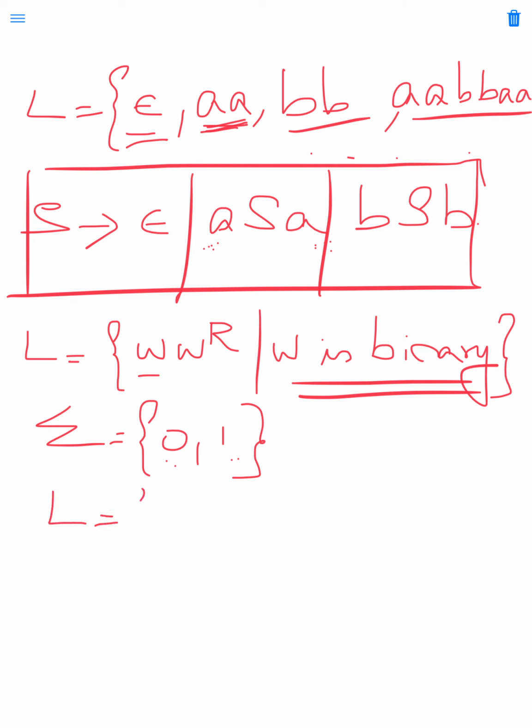L will have epsilon. Then what will be the minimum string? If I take 0, the reverse will also be 0. If I take 1, the reverse W R is 1. Then if W is taken as 0, 1, then the reverse will be 1, 0. Okay, so this is W. This one will be taken as W reverse.